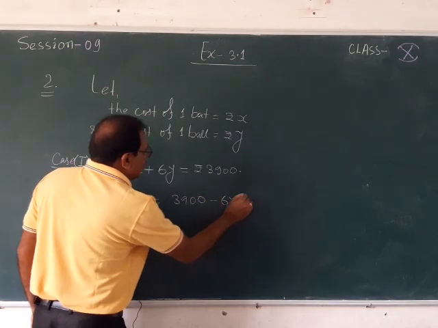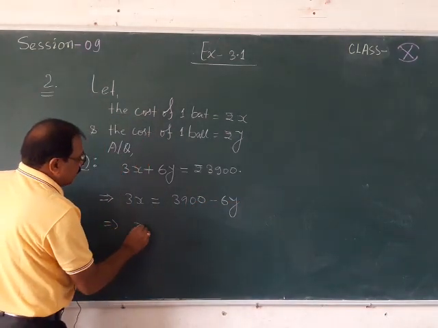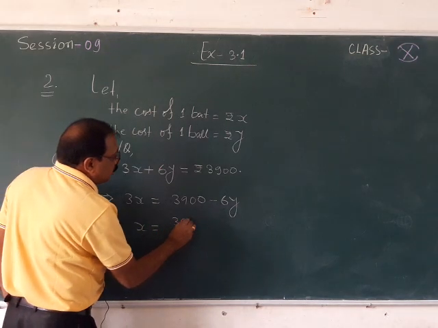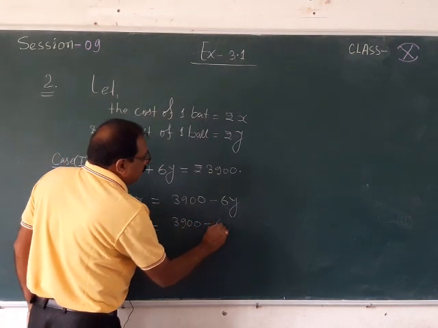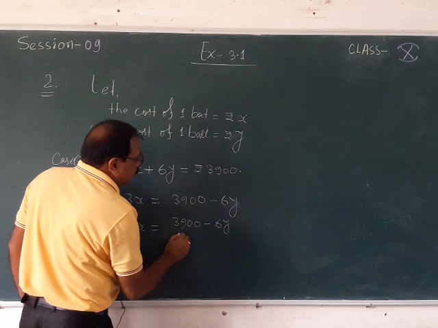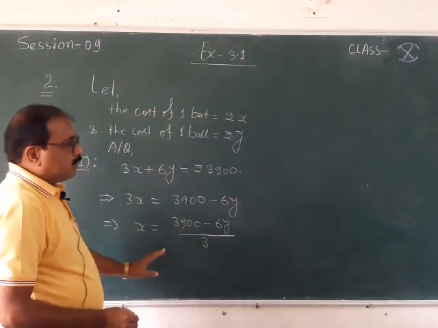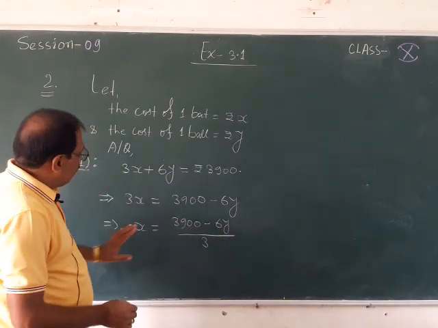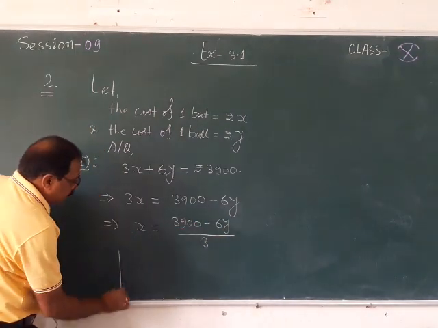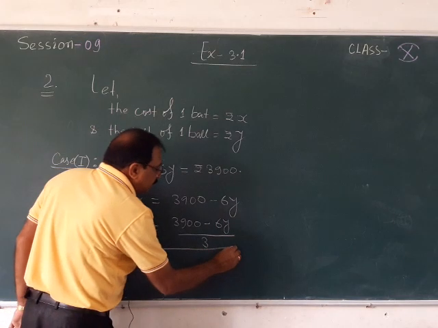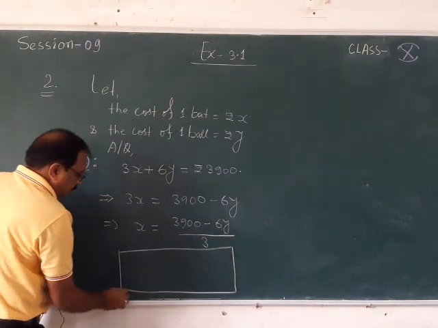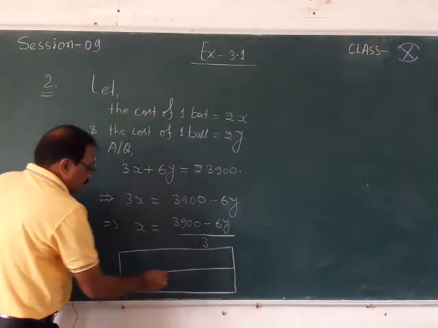Minus 6y, I can write x equal to (3,900 minus 6y) upon 3. Now for various values of y, you will have one value of x. So here I am going to write the solution set for this equation.